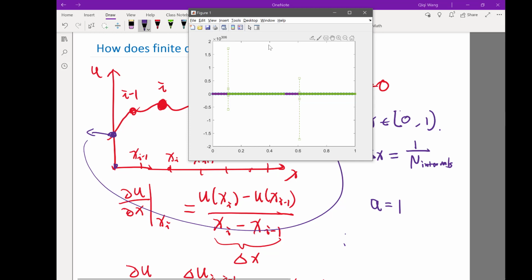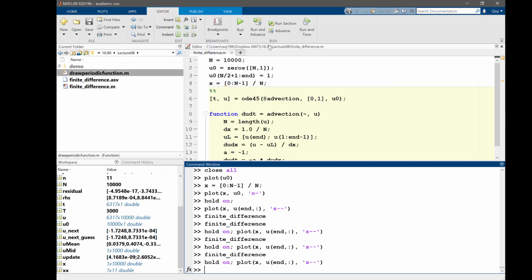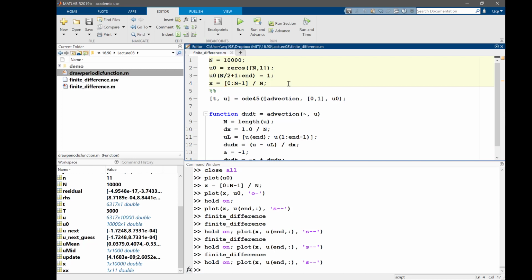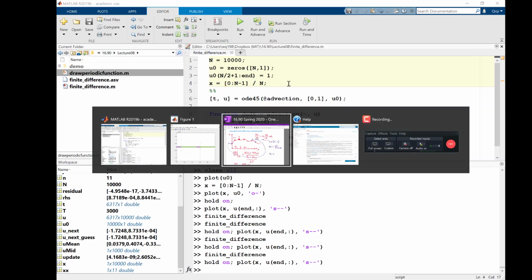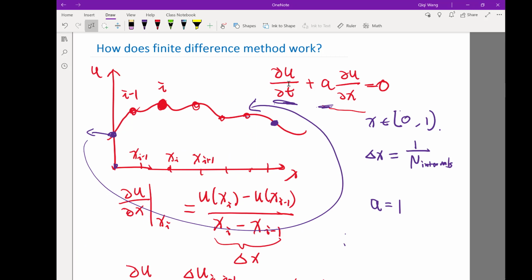Ten to the 306. So the scheme actually doesn't work if I have a negative u. Okay, let's see. Let's actually take this in a little bit.